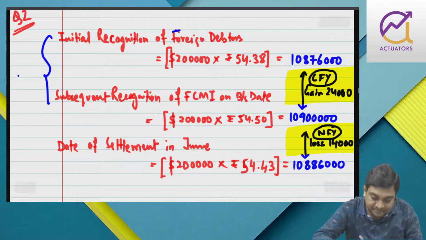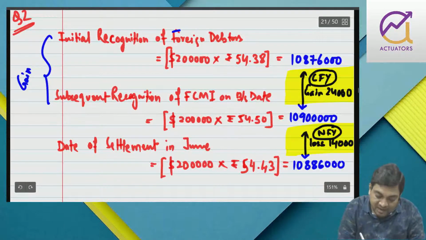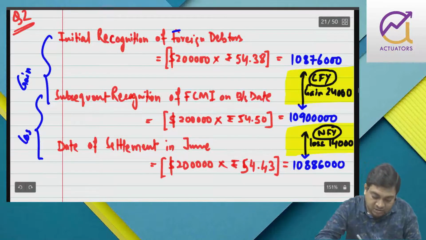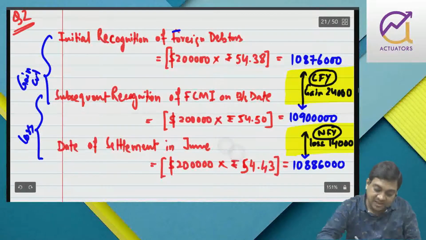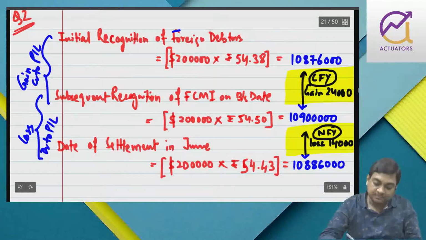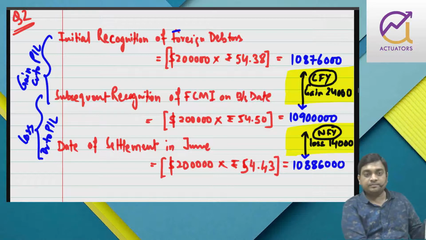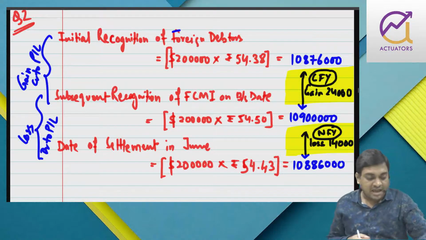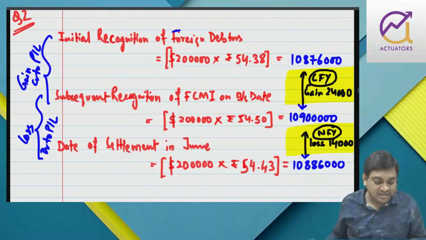So there is a gain. And from the subsequent recognition till the date of settlement, there is a loss. So this is credited to PL and this is debited to PL. They haven't asked you any journal entry, simply they have asked you gain and loss.